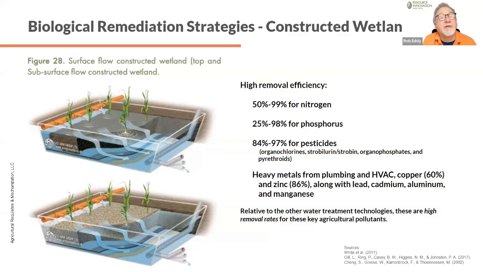So relative to other water treatment technologies, these are high removal rates. So it's really cool. And there's a lot of science that's been devoted to this too, so it's not just hype. And in our guide we can help provide you information for getting more sources. Next slide.